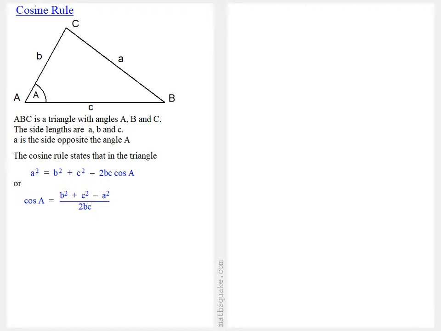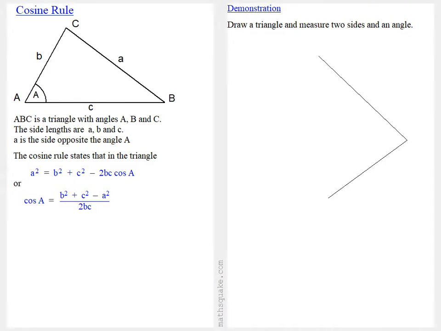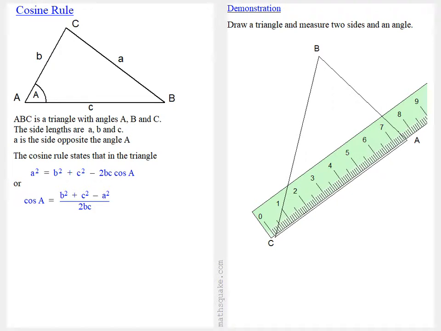Now, rather than proving the cosine rule, we can demonstrate that it's true by drawing any triangle and measuring 2 sides and an angle. So, if we look at the side AC and use a ruler, we can see that the length is about 7.6 centimetres.